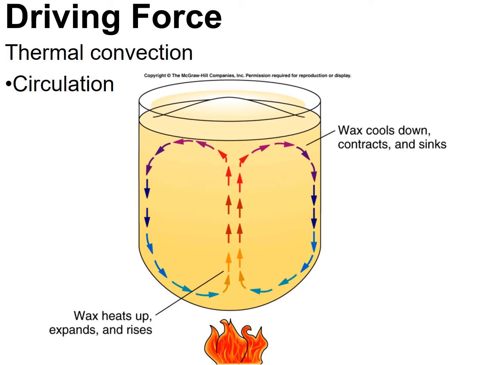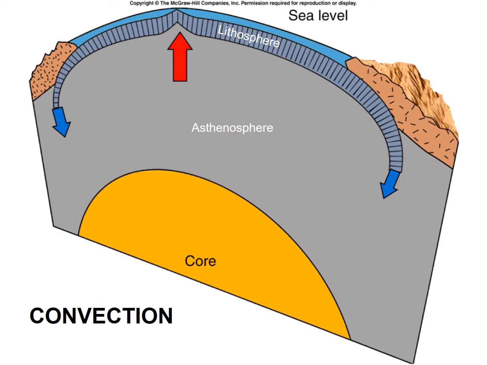The warm currents rise up because of less density, cold currents sink down because of high density. Thermal convection, when it comes to plate tectonics, you can see the red arrow rising up because of less density. The cold arrows or the blue color arrows represent the sinking of the lithospheric slabs.